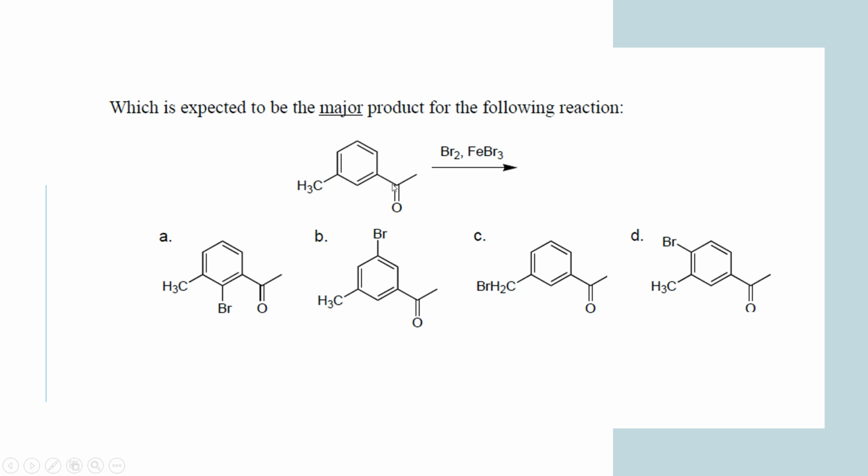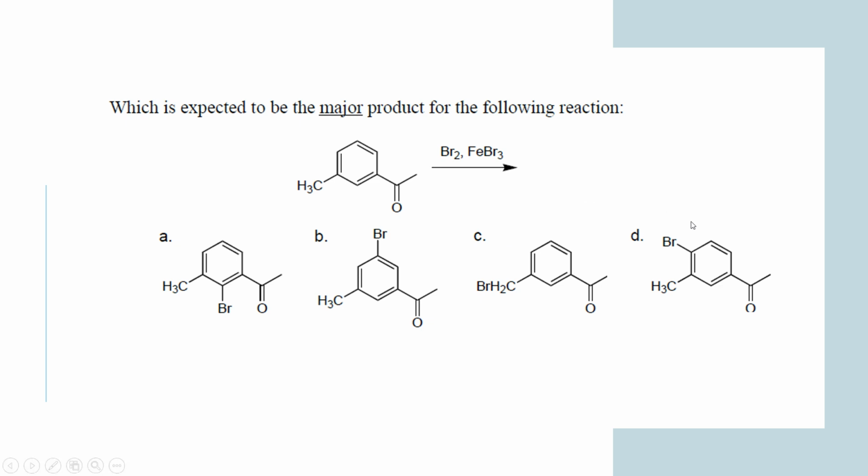In presence of the reaction conditions present, bromine and FeBr3, which is the electrophilic substitution condition, these kind of substitution reactions are not observed. For this we may need to involve highly basic reagents. So option C can directly be cancelled for this reaction condition.